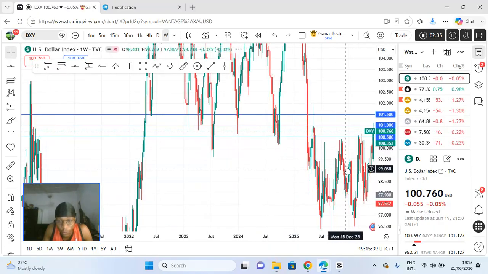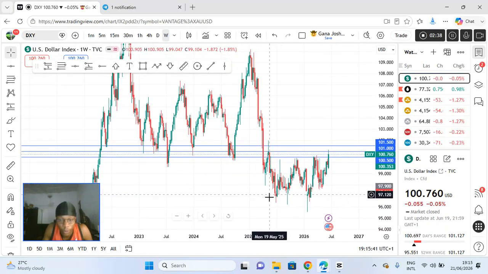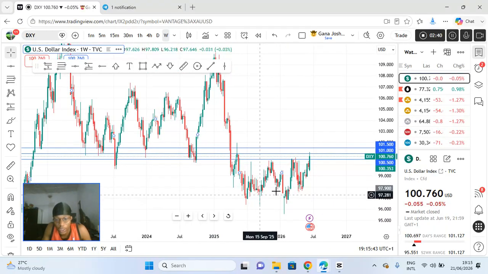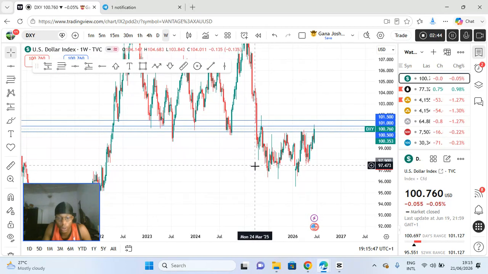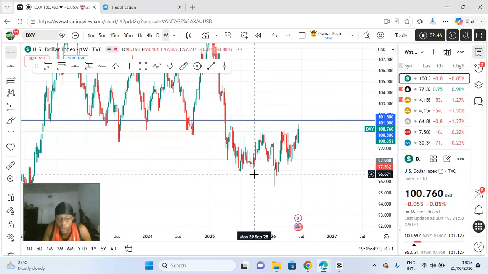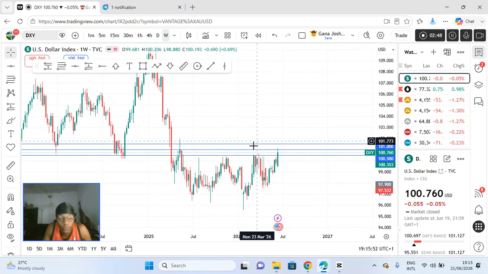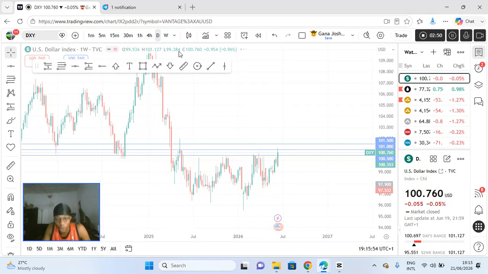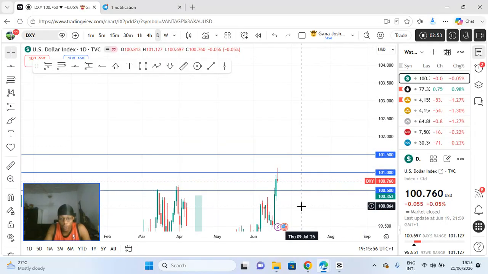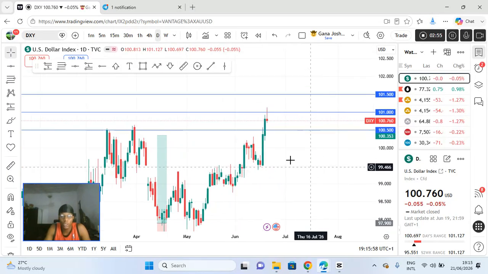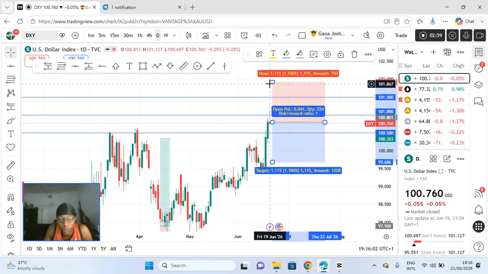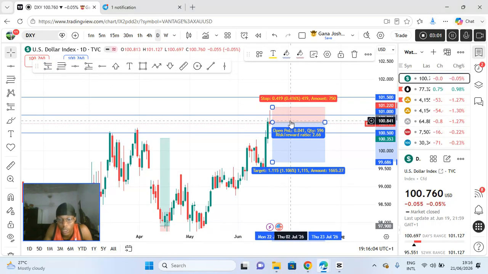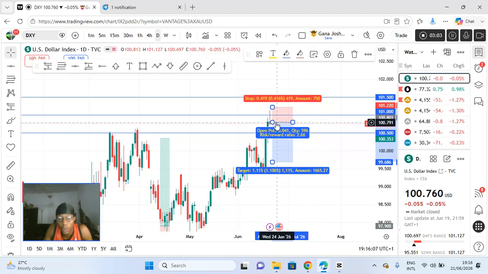So we'll start from the weekly time frame as usual. Price is at a level of resistance, obviously, as we can see right now. But what's going to happen? Is price going to push through this level of resistance? We don't know yet. But starting off without even looking at anything, just seeing this candle close from the daily, I could see a bearish signal that the week is going to start bearish for the DXY.